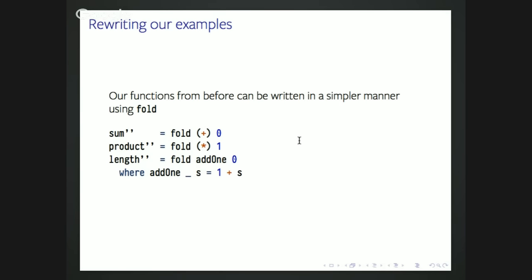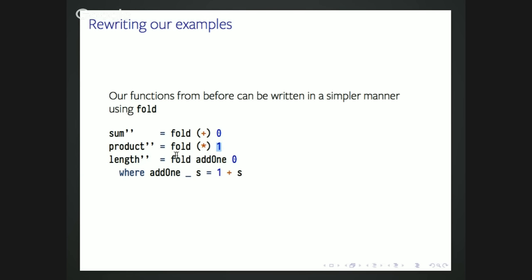So we can do our prior examples by using the fold function instead. Sum becomes just a fold where our binary function is plus, and our initial element is 0, or our identity element. For product, we're doing the multiplication binary function, and then our identity or initial element is 1.